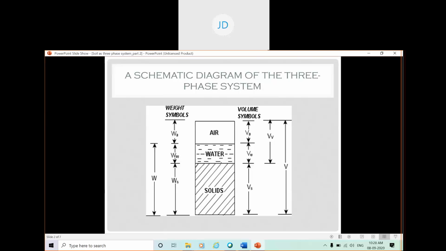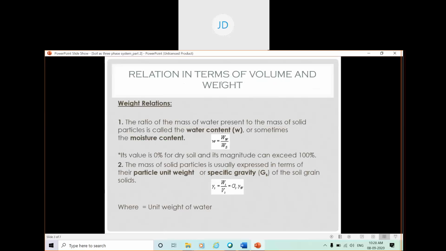The first very important term, or definition, that I want to share with you is water content. Water content or moisture content, same thing, is denoted by small w. It looks like capital W, but it is a small w.